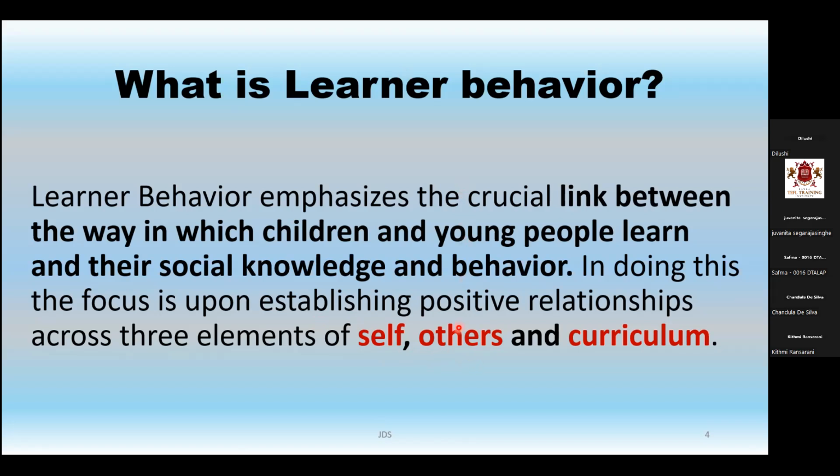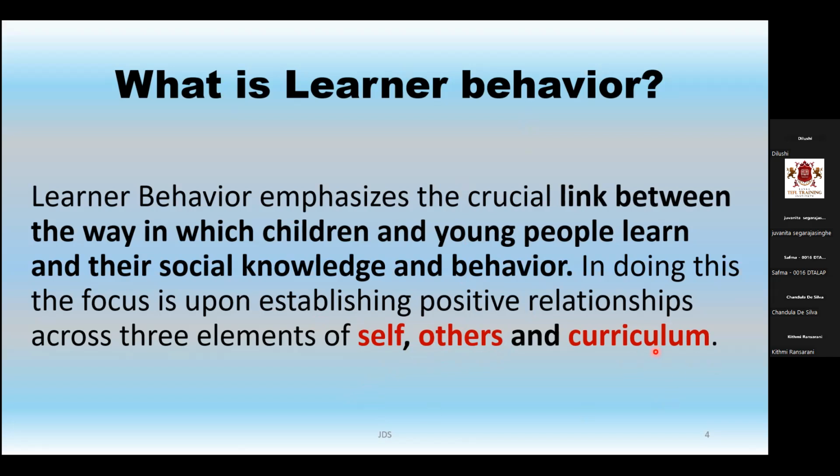So in other words, all these are determining the behavior of the learners. The knowledge about himself is going to determine his behavior. The knowledge about the others, whatever knowledge he has about others, or even the behavior of the others, is going to determine his own behavior.